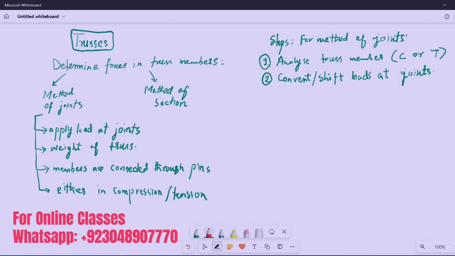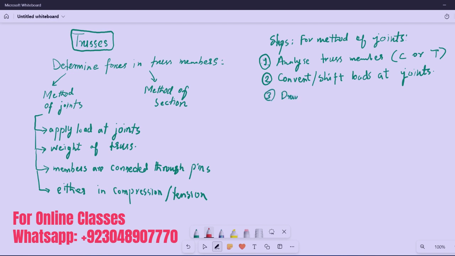You can just solve it as it is. But in some cases, if the load is not at the joints, you have to first shift it to the joints, and then solve it. Then, once you have shifted the loads to the joints, you are going to draw the free body diagram of the truss.